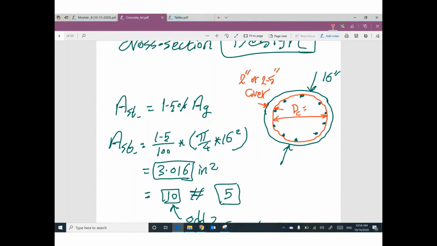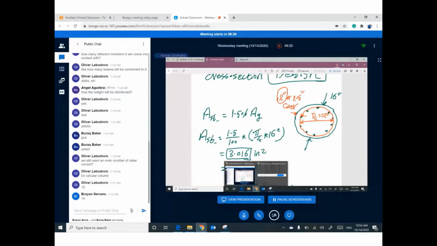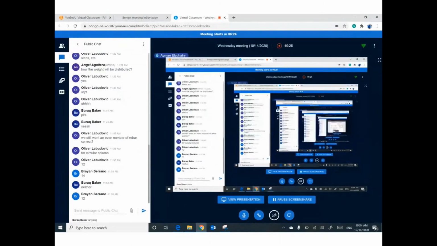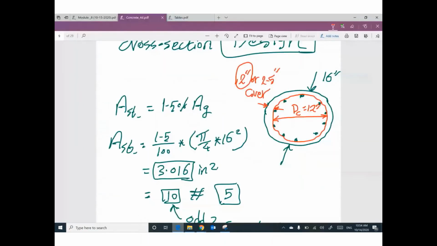If you assumed 2 inch, what will be the diameter? 14 or 12? No, not 14. It's 12, yes. Why not neither, Burak? You have 2 inch from here, and another 2 inch from there, from 16, you will have 12 inch.